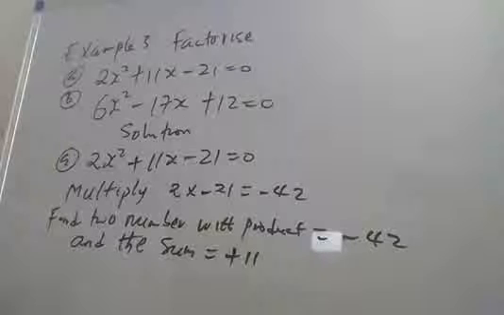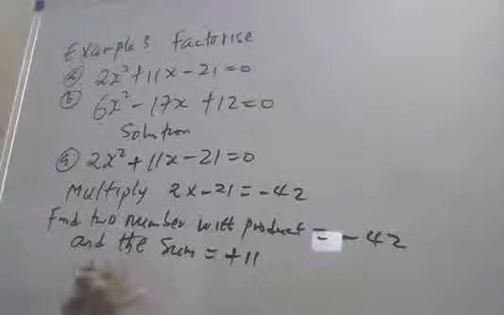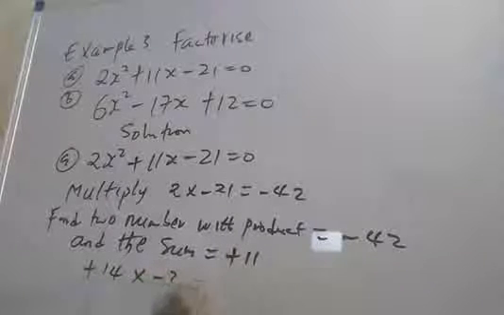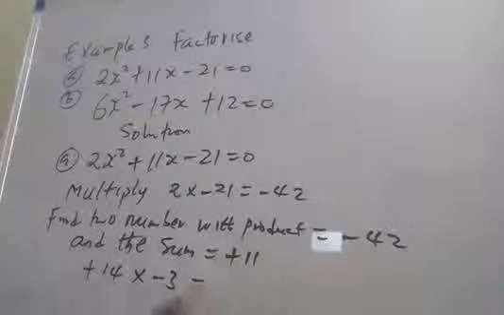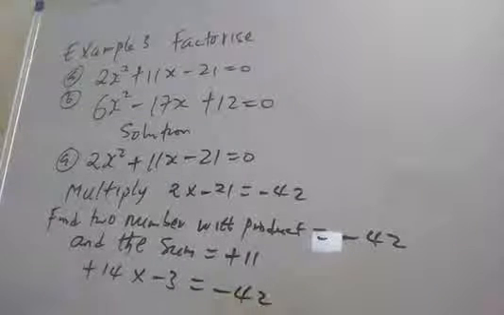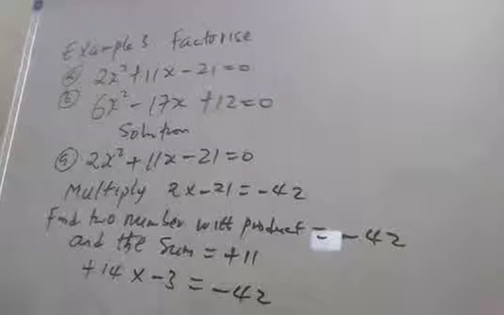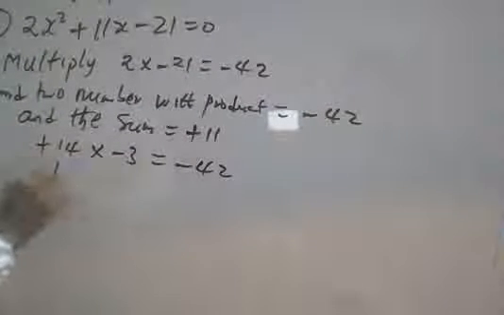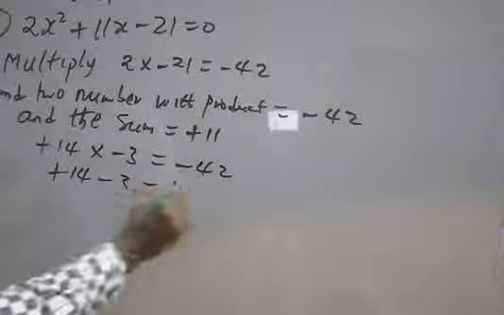So what are the two numbers? The two numbers are plus 14 times minus 3. Plus 14 times minus 3 will give me minus 42. In the same way, if I add the two together, plus 14 minus 3 will give me plus 11.